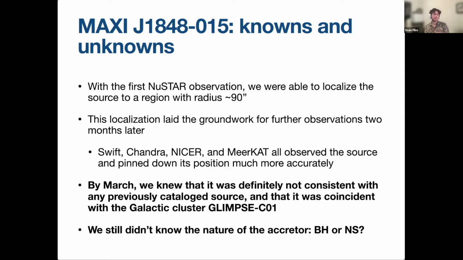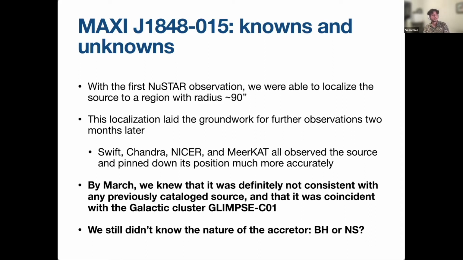This localization then laid the groundwork for further observations a couple months later. So now other observatories don't need to tile, they know basically where to look. By the end of February, Swift, Chandra, NICER, and MeerKAT had all observed the source and really narrowed down the localization. And so by March, we knew that it really was a previously uncatalogued source.